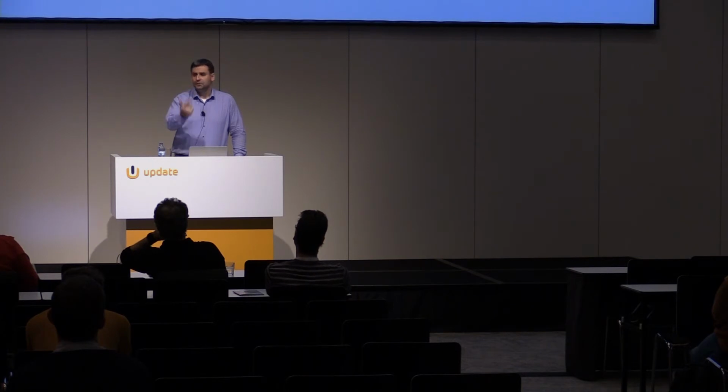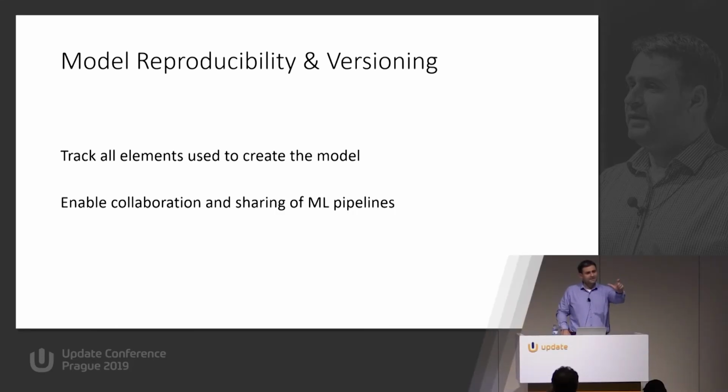The other thing is, when it comes to versioning and reproducing models, you need to be able to say at any given point in time, these were the basic building blocks: source code, process, data snapshot that have been used to train this model. And what we see a lot today is the data snapshot part is missing.